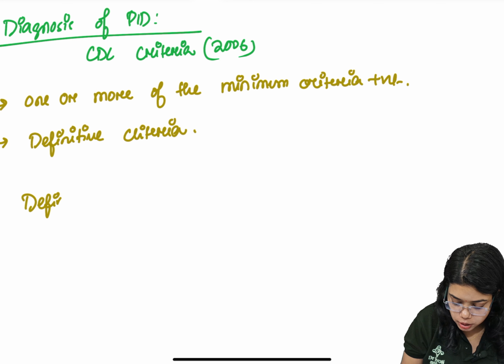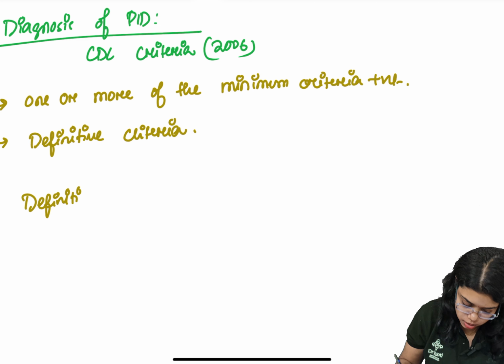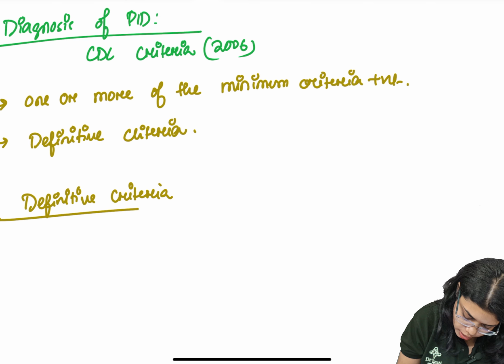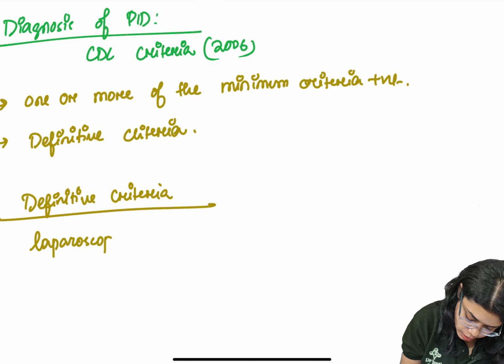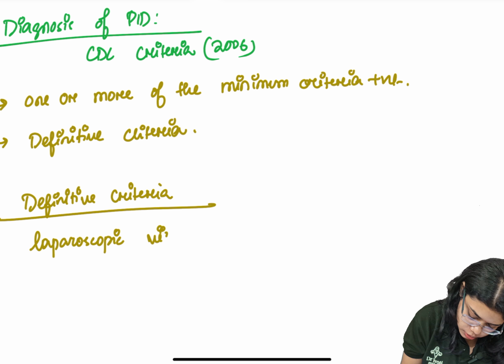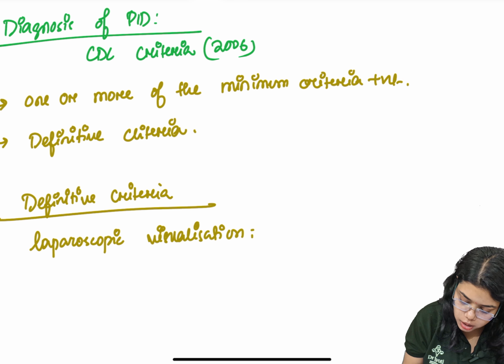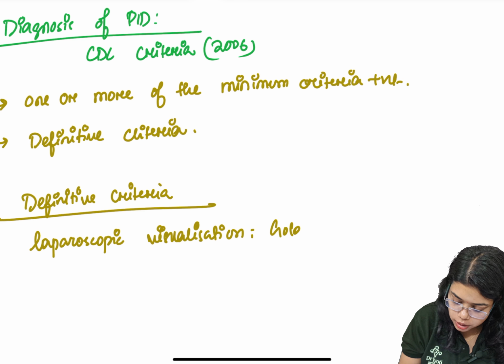See, what are the definitive criteria? In definitive criteria, we directly see, that is laparoscopic visualization, which is the gold standard. So what do we see?